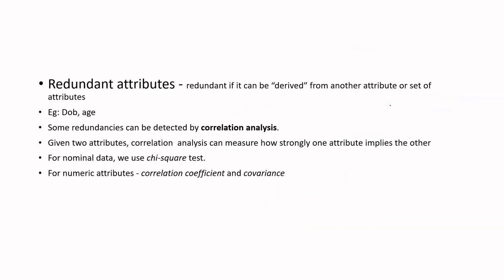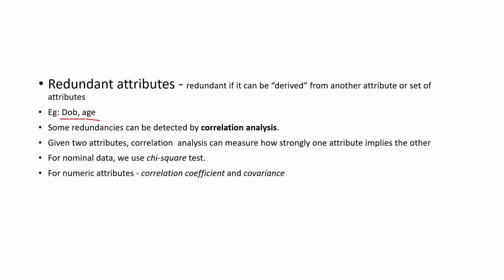So we were talking about redundant attributes. A redundant attribute is one that can be derived from another attribute or a set of attributes. The example we talked about is date of birth and age. We can derive one from the other. Some redundancies can be detected by correlation analysis.